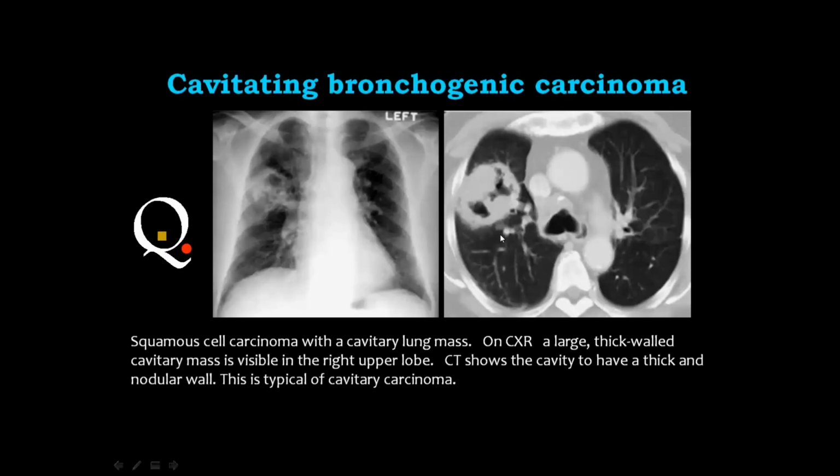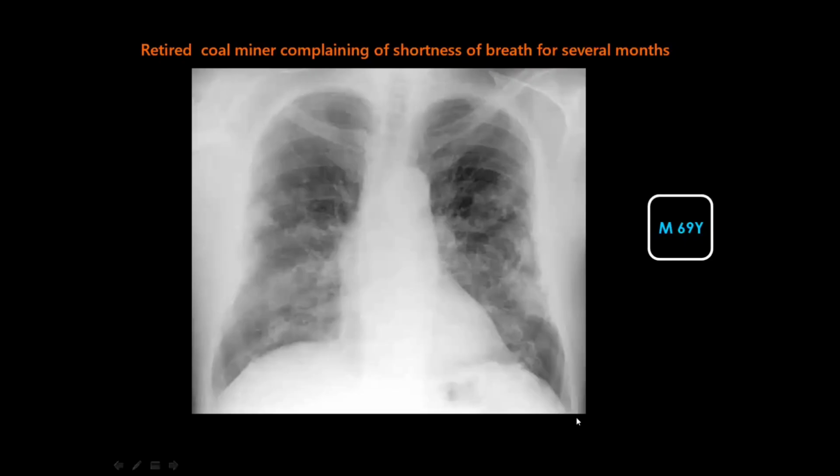The main differentiating point here is the lung abscess, and a lung abscess should have a smooth inner margin and a uniform wall thickness, but this is an extremely irregular wall thickness and extremely irregular inner margin, diagnostic of cavitating bronchogenic carcinoma.